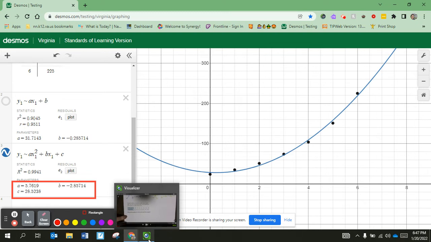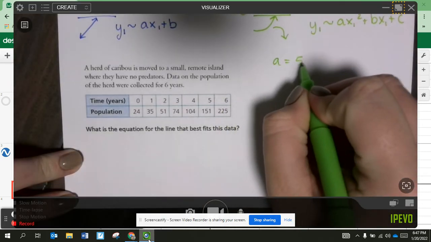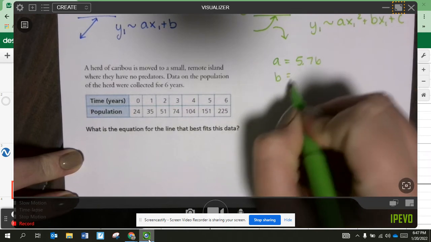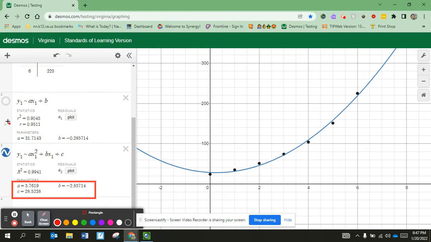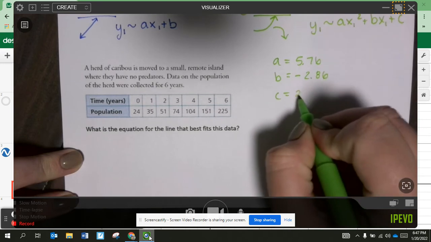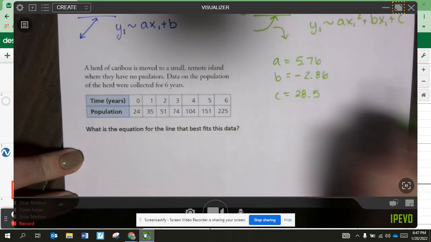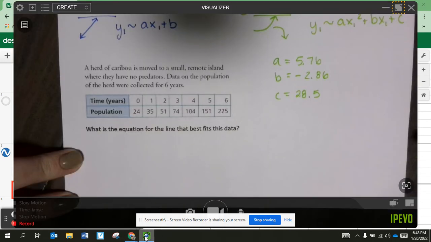So let's just round up. 5.76. So my A was 5.76. My B was a negative 2.86. And my C was a 28.52.